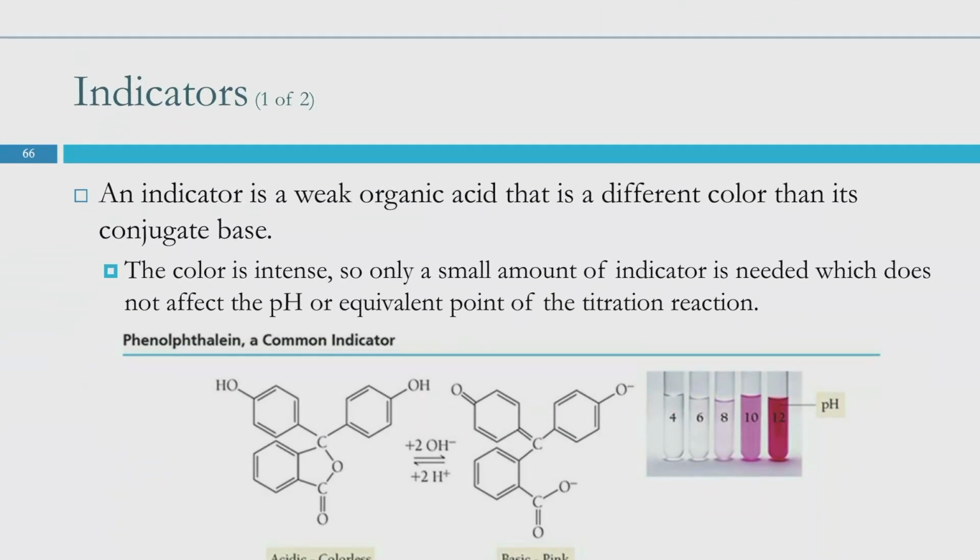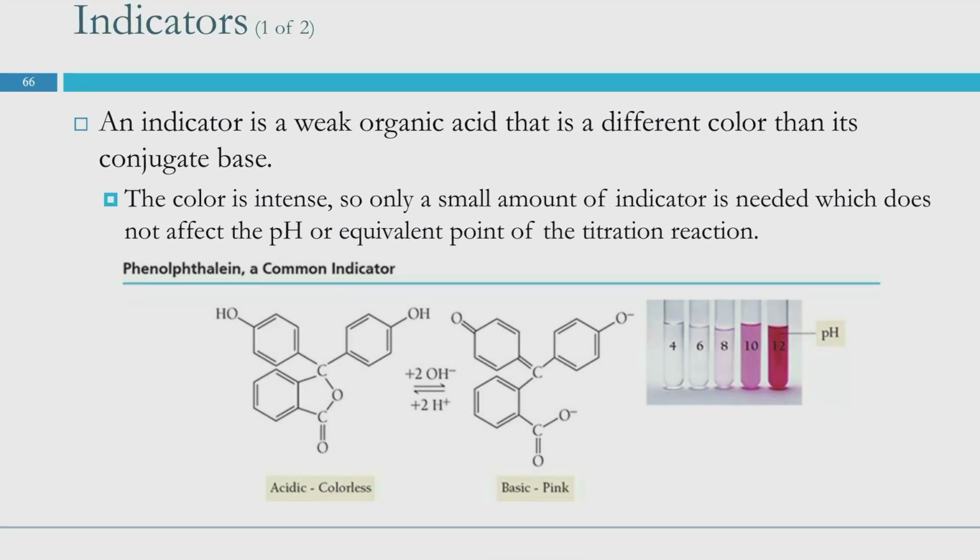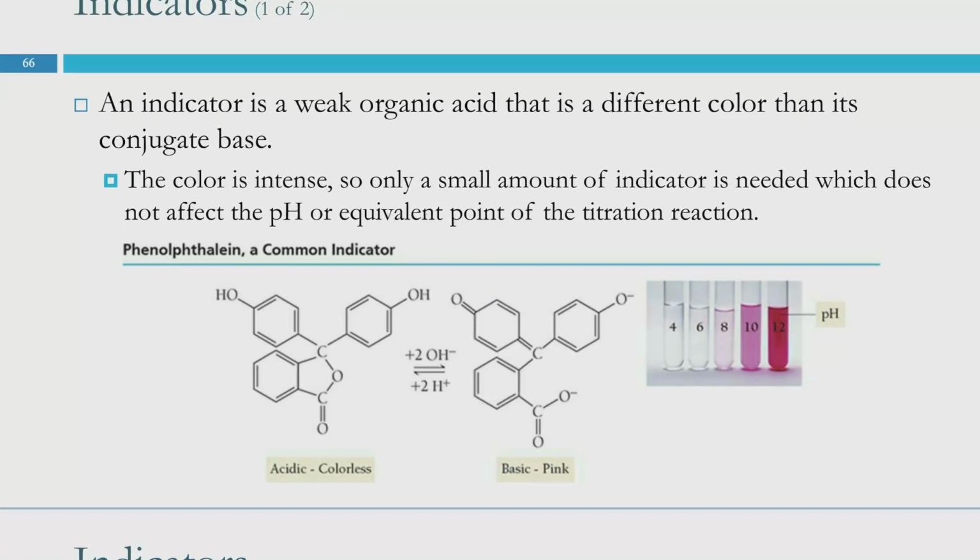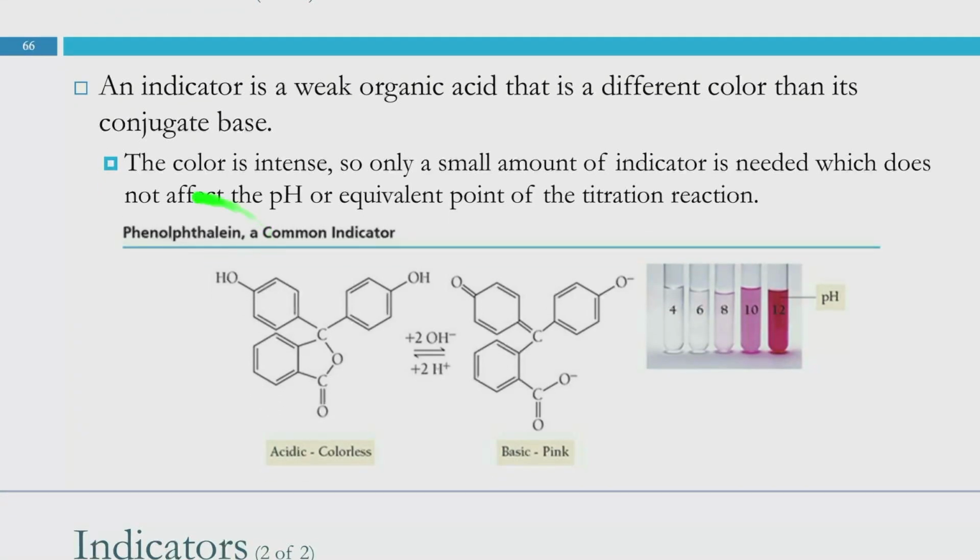Our indicators are weak organic acids that have a different color than the conjugate base. So this is phenolphthalein in its colorless form. So this is in acid solution. And in a basic solution, it's a pink color.